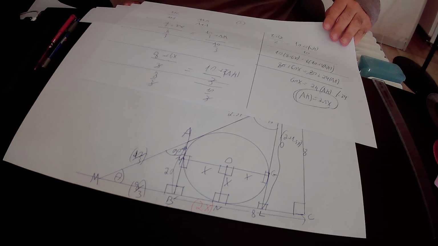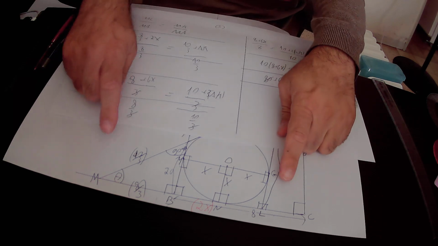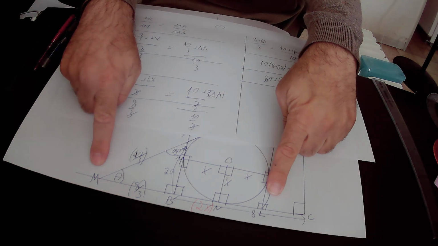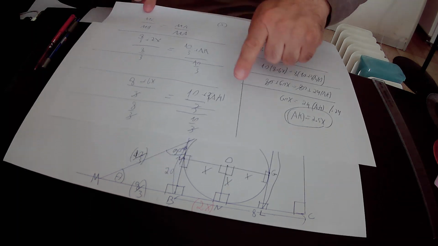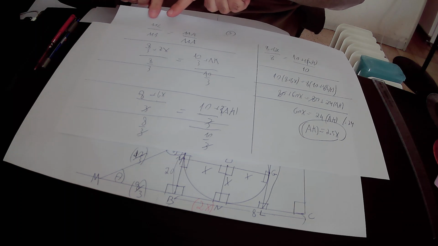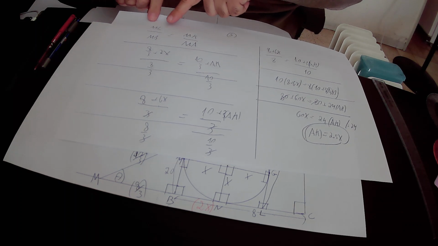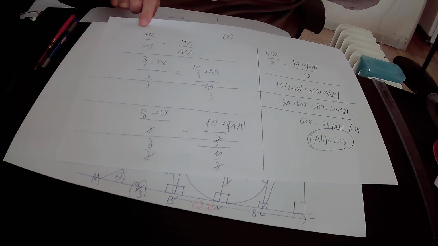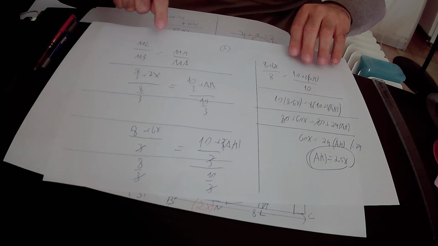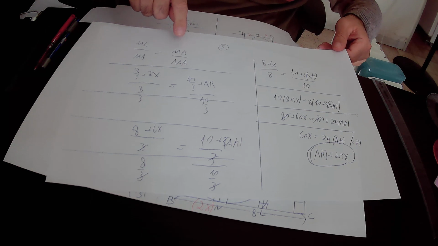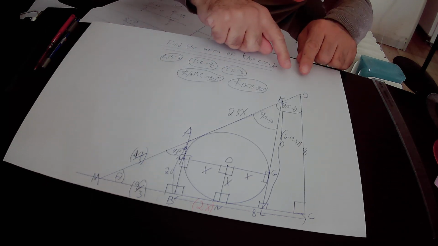Again, we have already found out that ML equals 8 over 3 plus 2x, so we substitute ML by 8 over 3 plus 2x over MB. MB is 8 over 3, so we substitute MB by 8 over 3, and this is equal to MK.